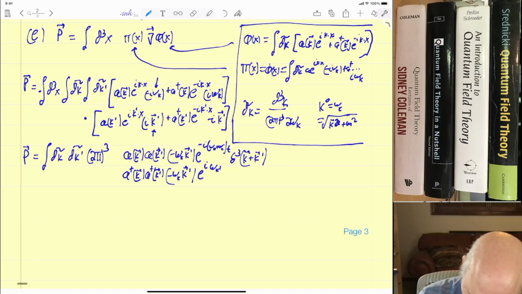There's a good chance in copying this stuff from my notes that I'll make a mistake, but the end result is going to be right. And over here are the important terms, the ones that will survive, as we'll see.